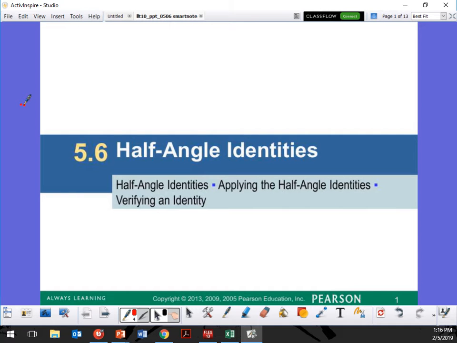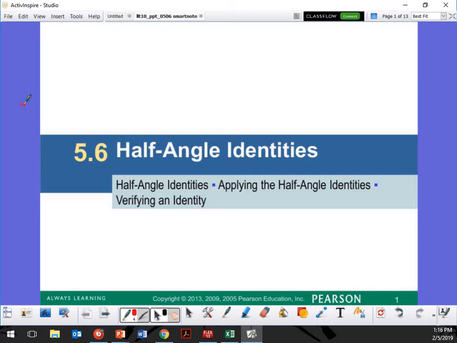All right, listen up. Okay, so for today, we start off with half-angle identities. We started off last one with double angle identities, now we're half. We can use these identities to solve for everything else that we're missing.